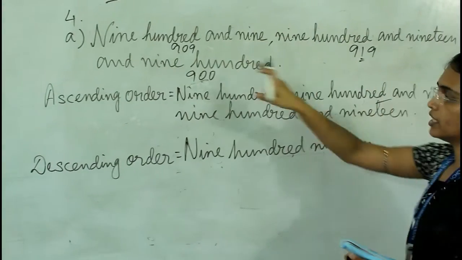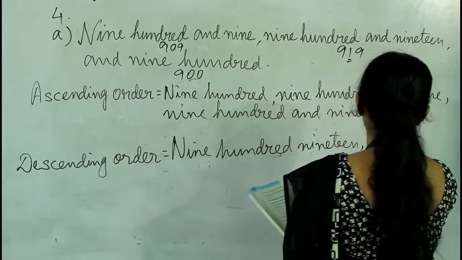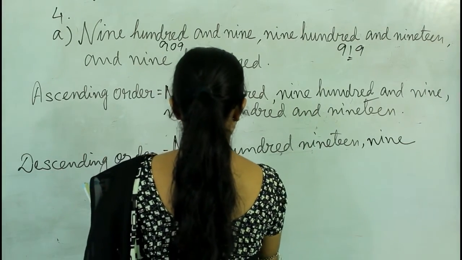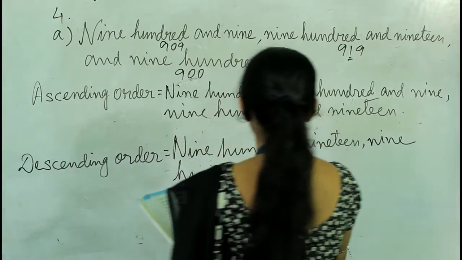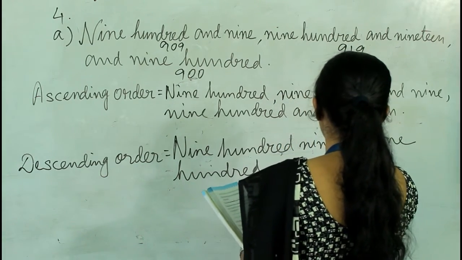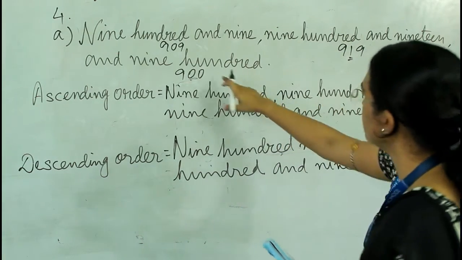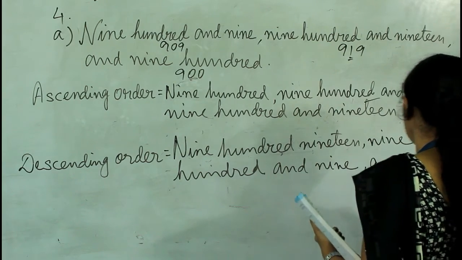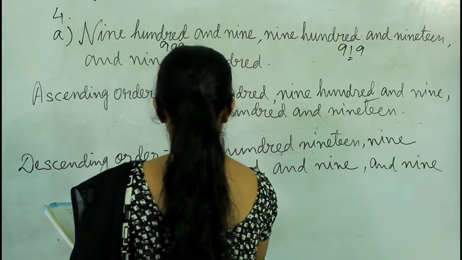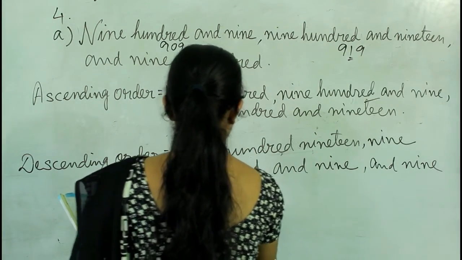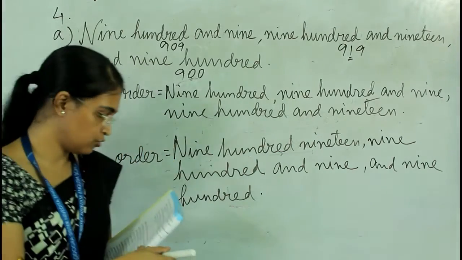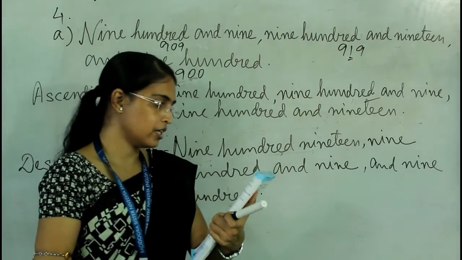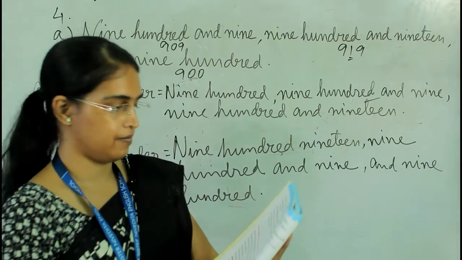Then after 919, 909, and the last one 900. Okay. So in this way, do this sum. Your homework is question number 4B.